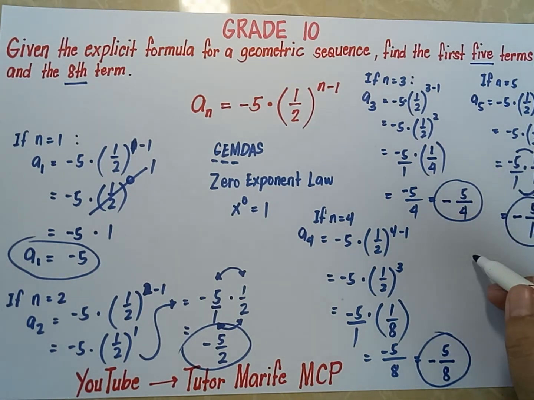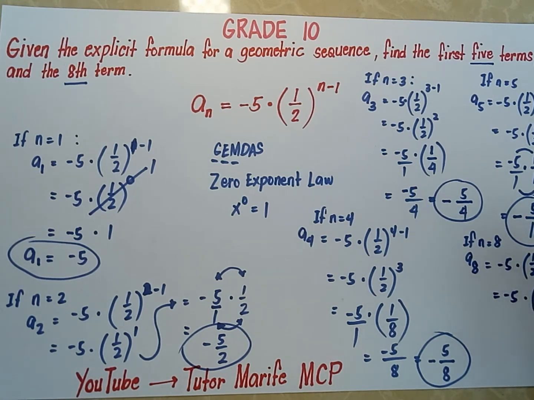Last but not the least, eighth term. So if n equals 8. Replace n with 8. A sub 8 equals negative 5 multiplied by 1/2 raised to 8 minus 1. Negative 5 multiplied by 1/2.